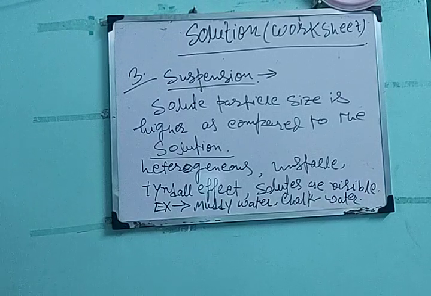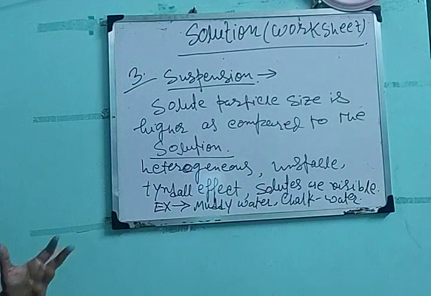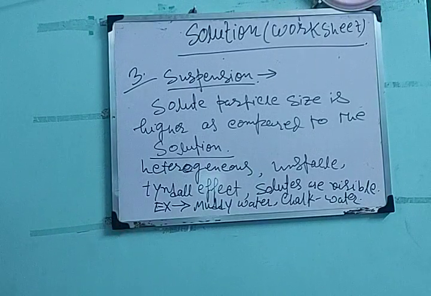If you keep the suspension for a while, the mud and heavy particles settle down. When the particle size is larger, they can scatter a beam of light. Scattering of a beam of light is known as the Tyndall effect.